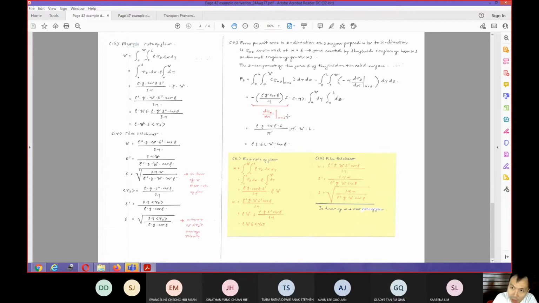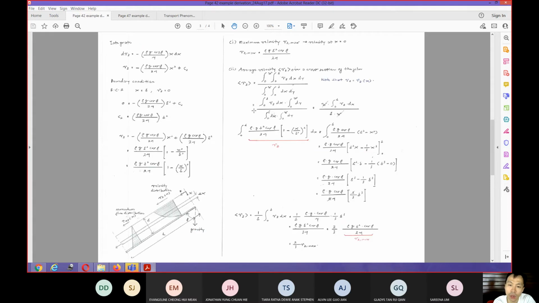Now, the force per unit area in the z direction on the surface perpendicular to the x direction is basically your shear stress evaluated at x equals delta. So if you go back again to your system, you want to evaluate the shear stress at the bottom of your liquid.